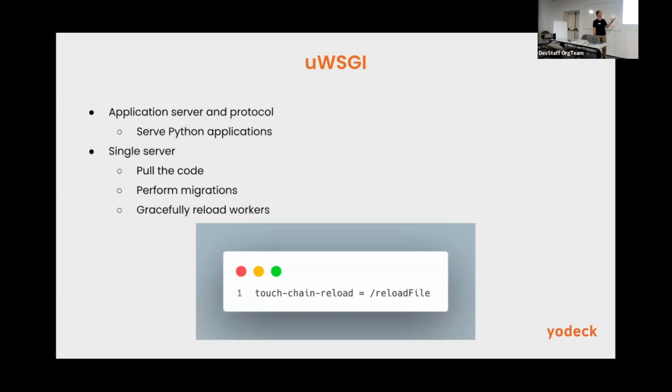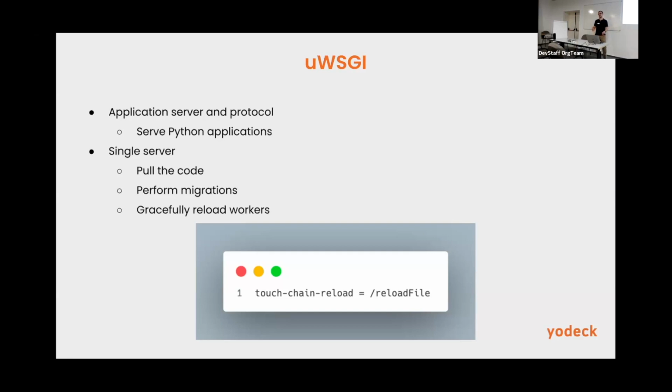We are using uWSGI that loads the Django code, and an Nginx server communicates directly with the uWSGI and serves the content to the pages to the clients. So when you have a single server, things are easy, or used to be easy.